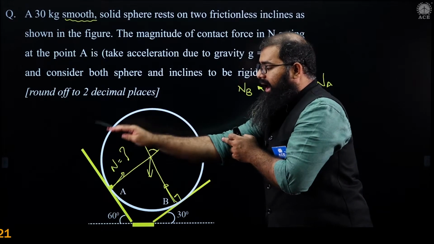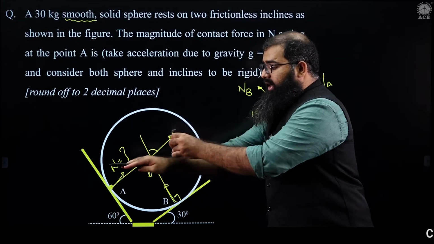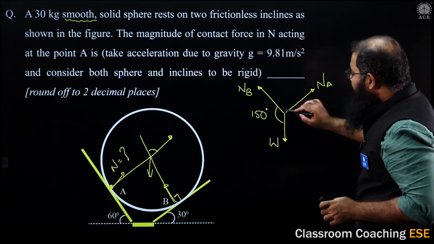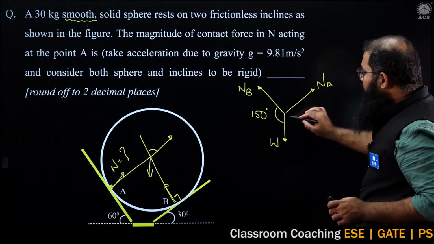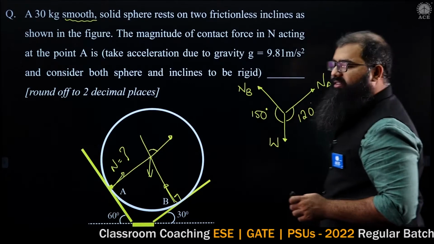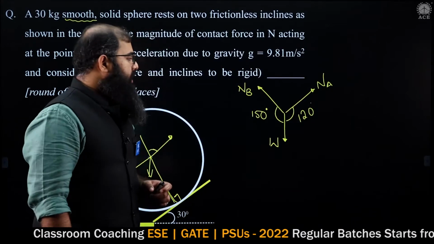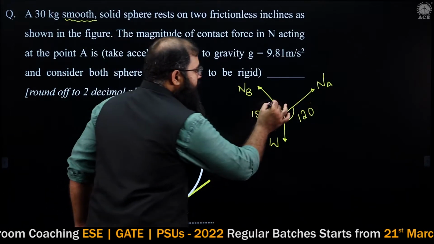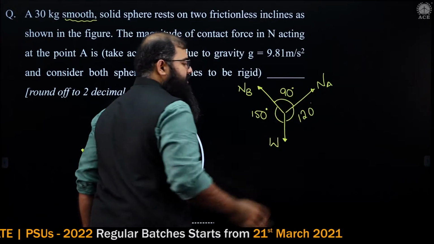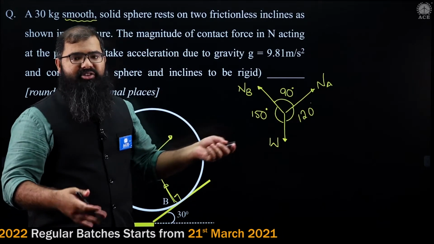If I incline my hand by 60 degrees, the perpendicular also is going to get inclined by 60 degrees, is it not? So now it is getting inclined by 60 degrees with respect to vertical. That means I'm left over here with 120 degrees. And what is left in between these two? This is going to be 90 degrees. That's it. Once you get this, getting the answer is not a big deal.